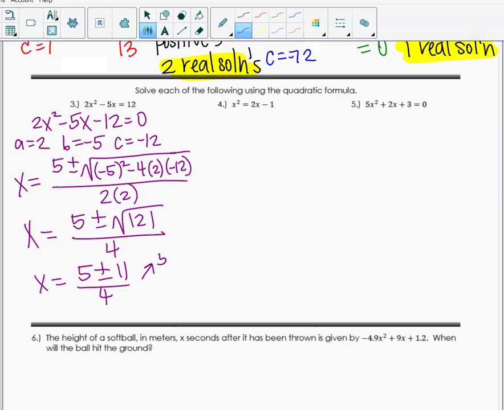You have 5 plus 11 over 4 and 5 minus 11 over 4. So 5 plus 11 is 16. 16 divided by 4 is 4. That's one of your answers. 5 minus 11 is negative 6. Negative 6 over 4 reduces to negative 3/2 or negative 1.5. So those are your 2 answers.